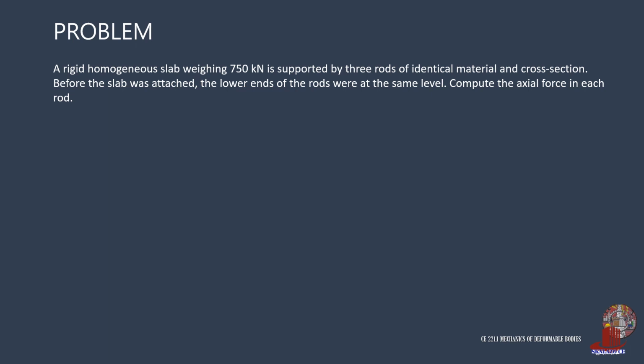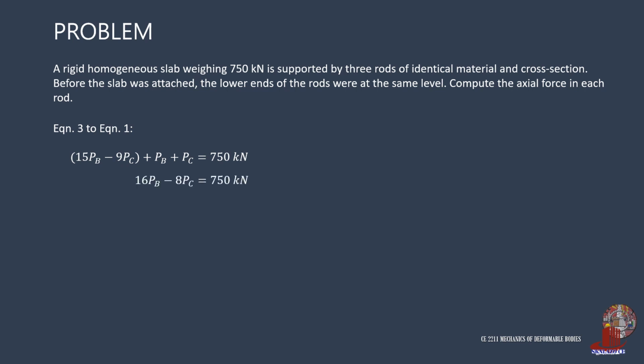With the available equations 1, 2, and 3, we can use simultaneous equations to solve for the unknowns. Start with equation 3 plugged into equation 1. P of A is then converted into the quantity of 15 P of B minus 9 P of C plus P of B plus P of C, and this is equal to 750 kilonewtons.